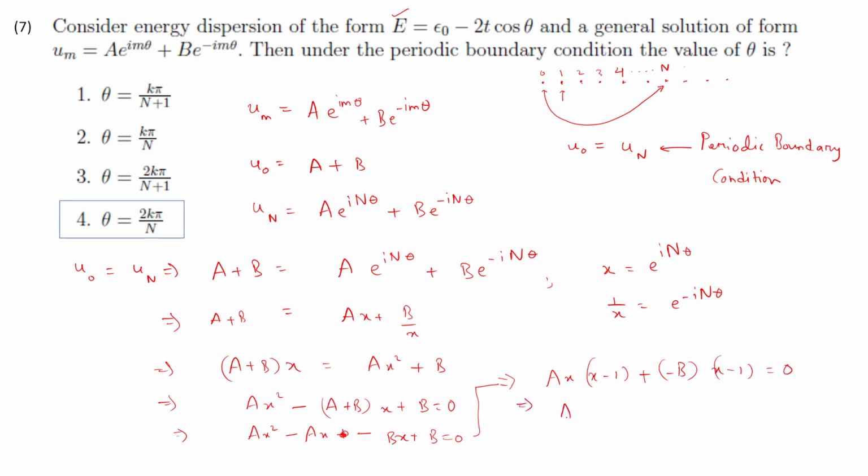So this will be (Ax minus B)(x minus 1) equal to 0. So here if x is equal to 1, this will give x equal to 1. So e to the power i N θ is equal to 1, and 1 you can write as e to the power i 2πk, where k is some integer.